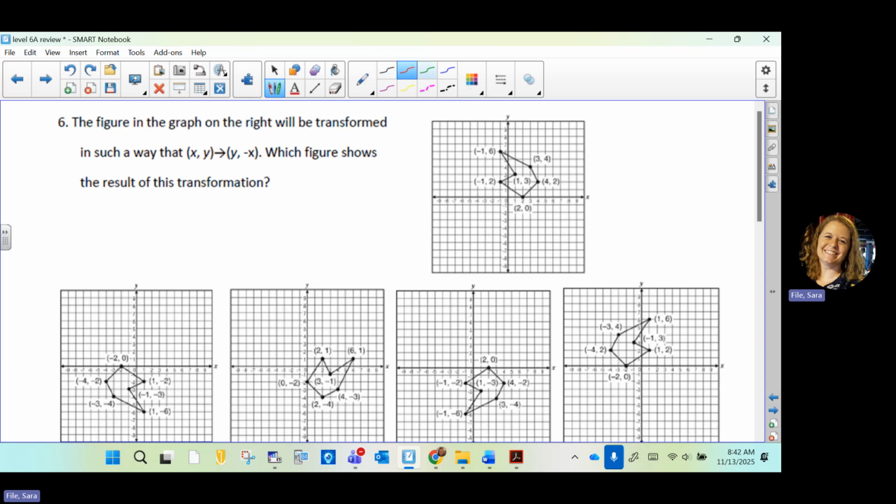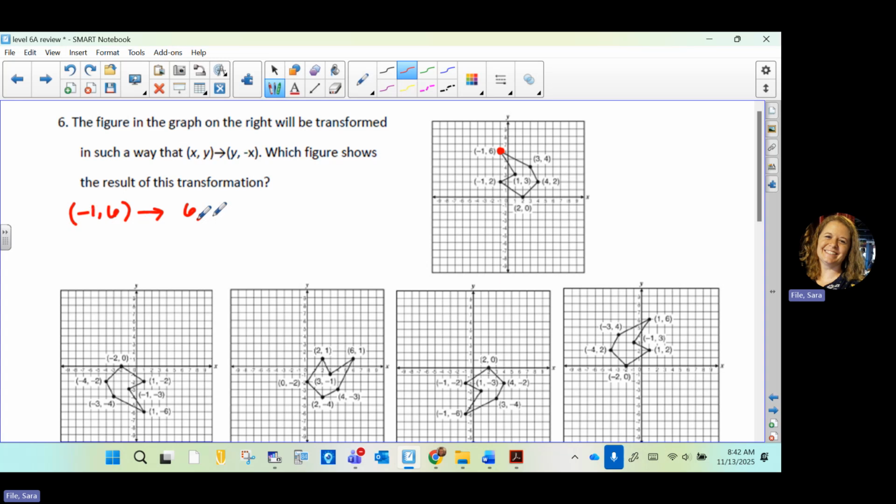So let's check this top left one. It starts out at (-1, 6). And the rule says to change the order of the x and the y, but the y keeps its sign, so it's going to stay as 6. And then the x changes sign. That's what that minus means. It means change the sign.